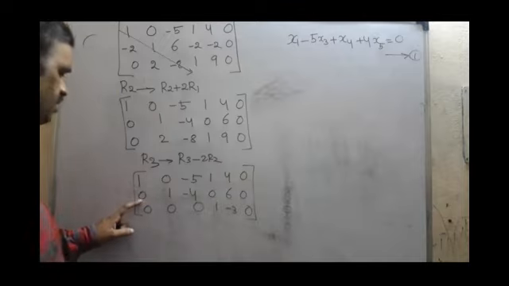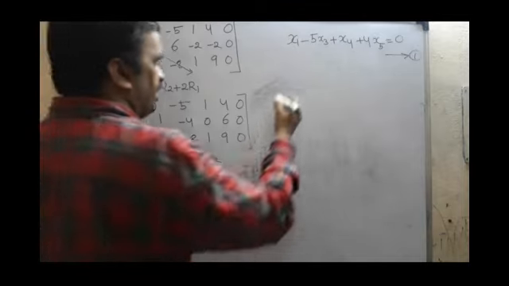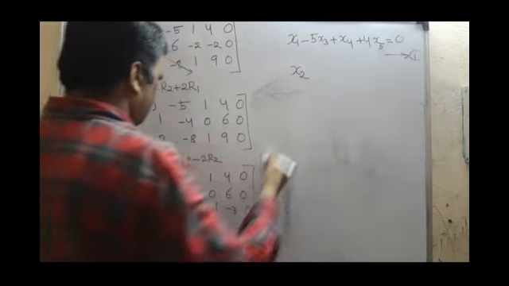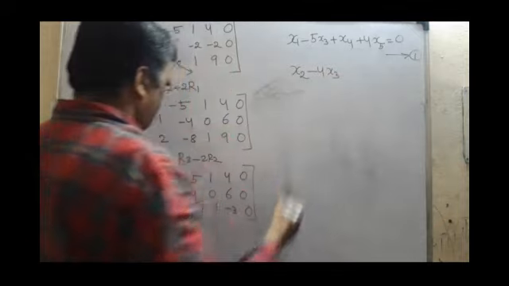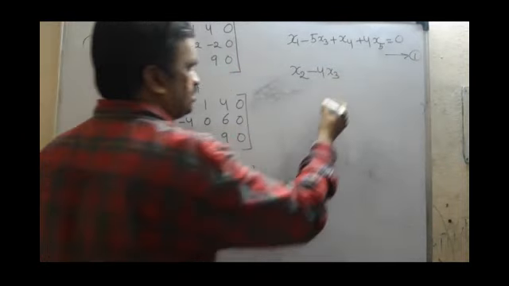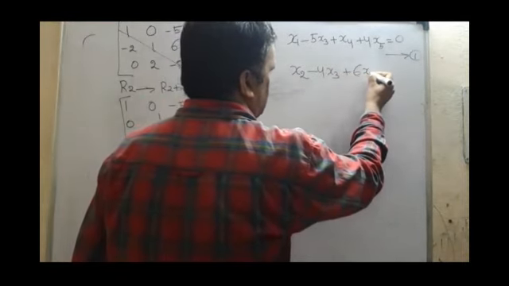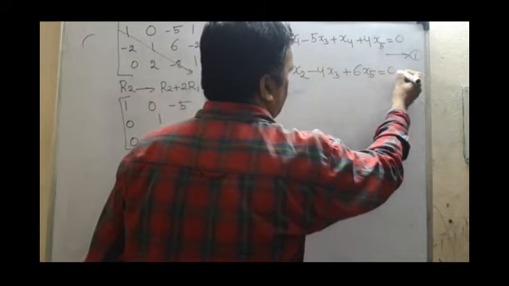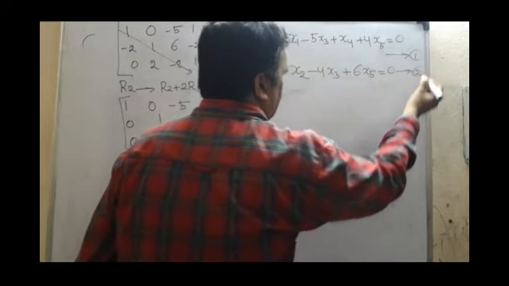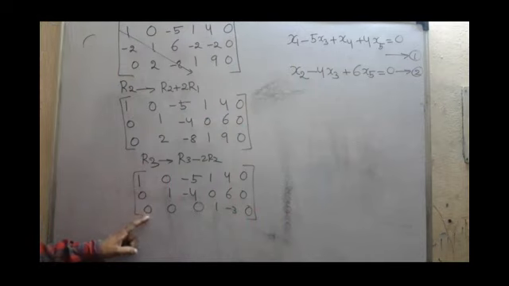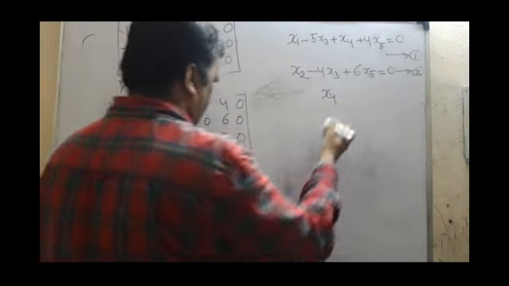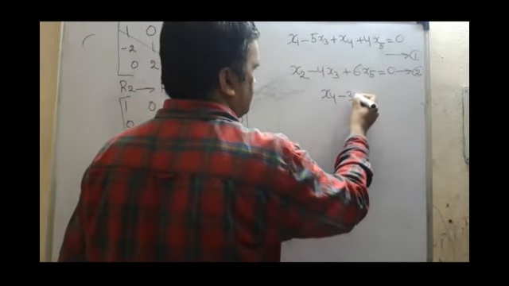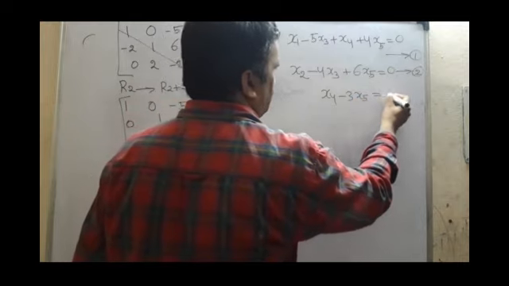Second equation, 0 x1, 1 x2, minus 4 x3, 0 x4, 6 x5 equal to 0. Equation number 2. And next, 0 x1, 0 x2, 0 x3, 1 x4, minus 3 x5 equal to 0.